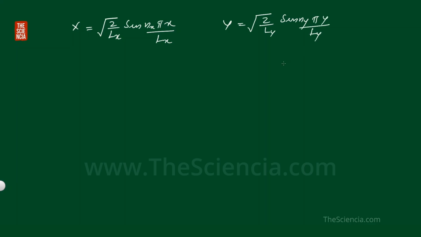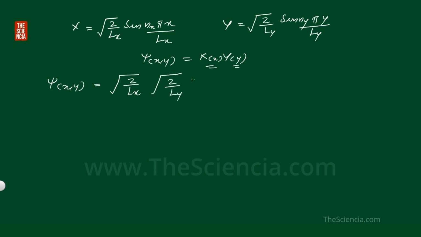And earlier we defined the wave function psi of xy is equal to X of x into Y of y. So in order to find the final wave function psi xy for the 2D box, we have to multiply these two, that is, root 2 by Lx into root 2 by Ly, sin nx pi x by Lx into sin ny pi y by Ly.